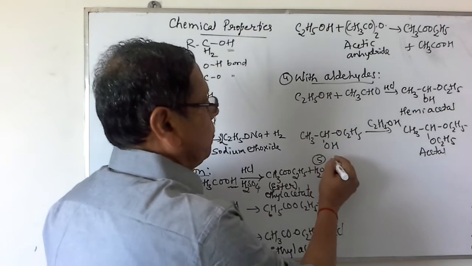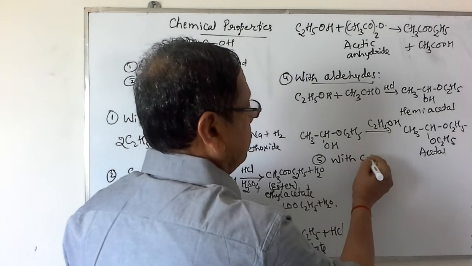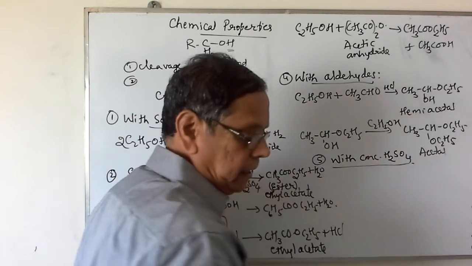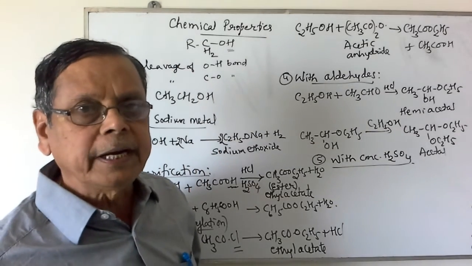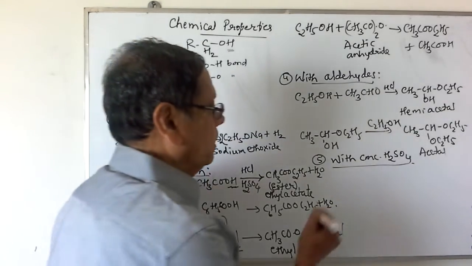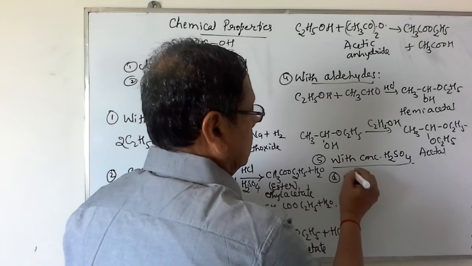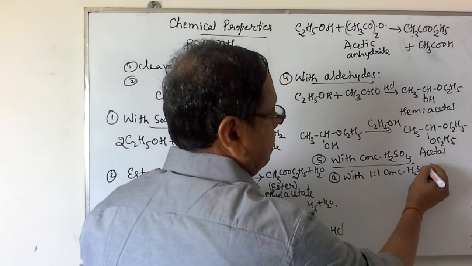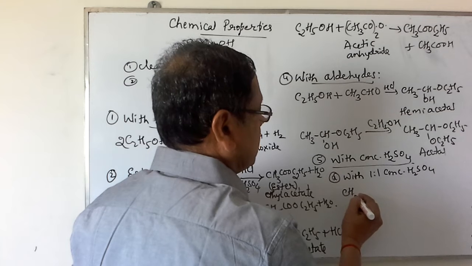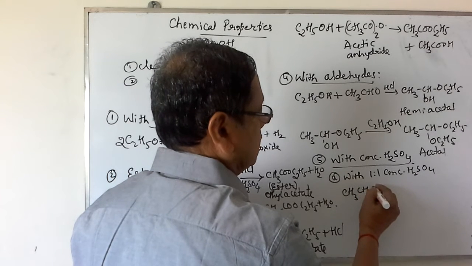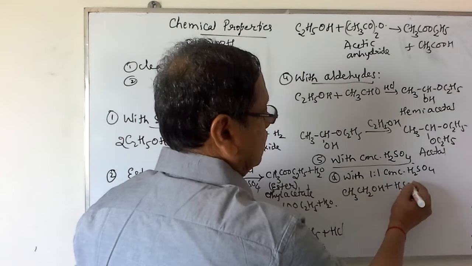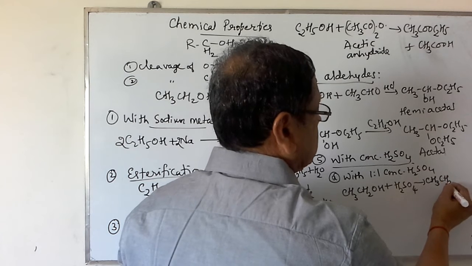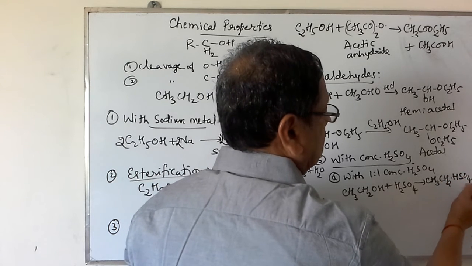The next one is with concentrated sulfuric acid. There are three important reactions with concentrated H2SO4 depending on the conditions. The first one, when we use 1:1 concentrated H2SO4: CH3CH2OH plus H2SO4 gives rise to CH3CH2HSO4 plus water.